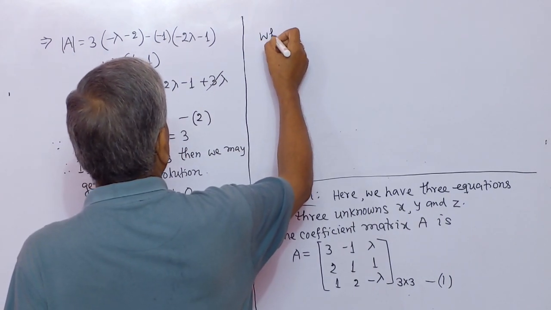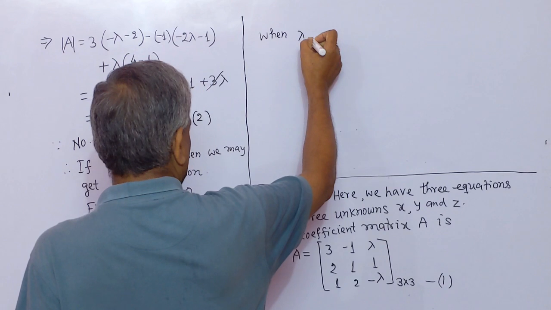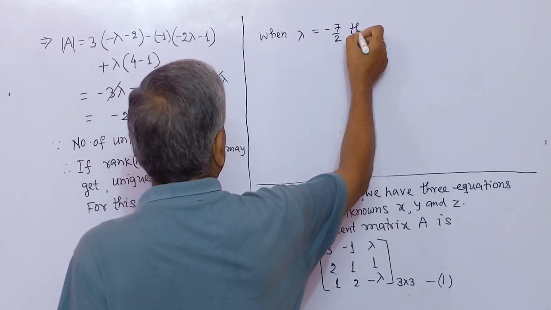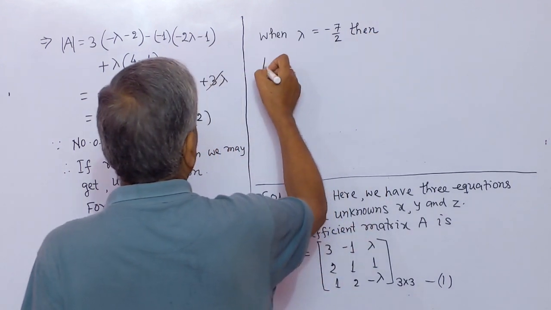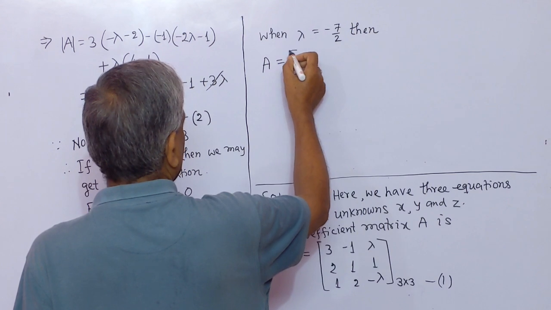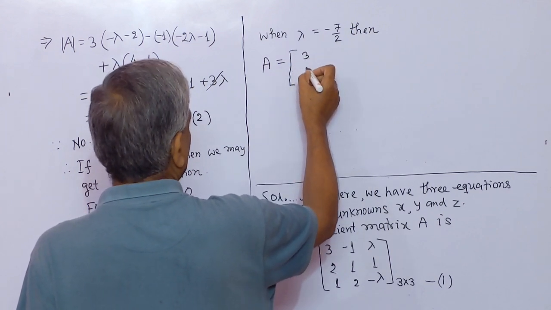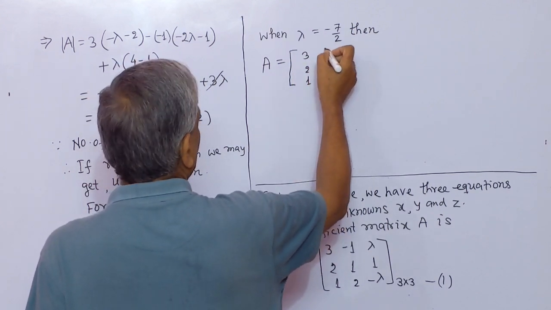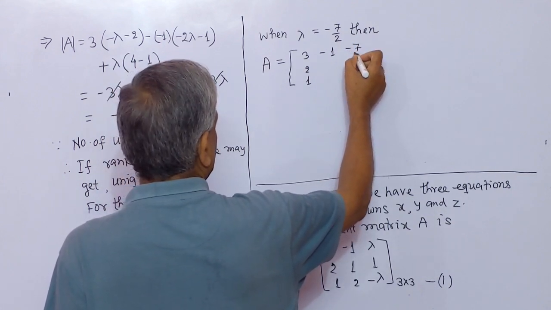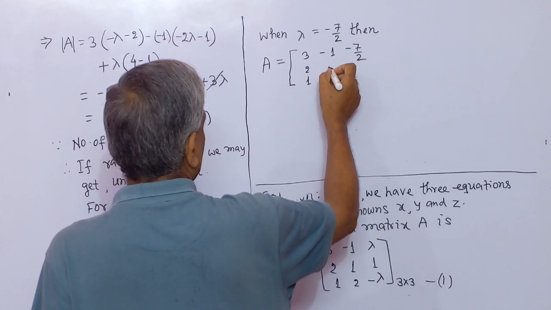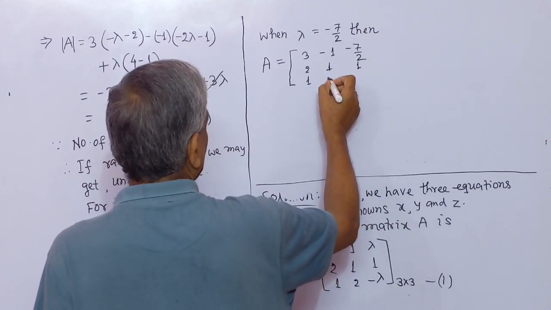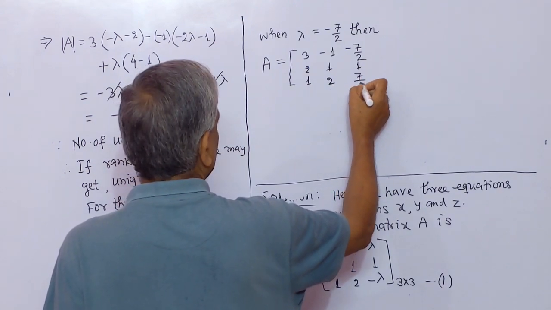When lambda equal to minus 7 by 2, then A equal to, here the matrix 3, 2, 1, minus 1, minus 7 by 2, here 1, here 1, here 2, here 7 by 2.